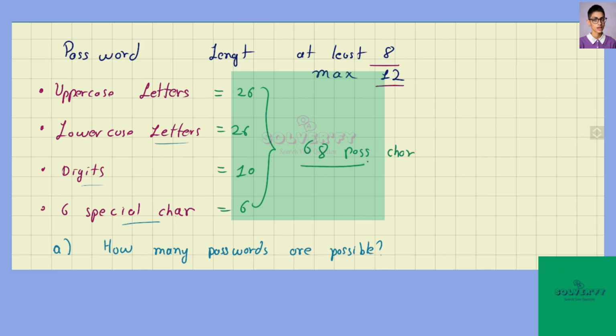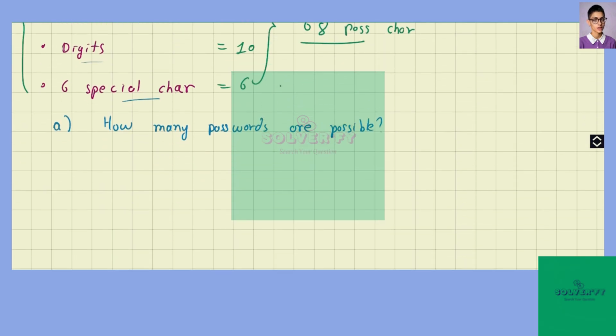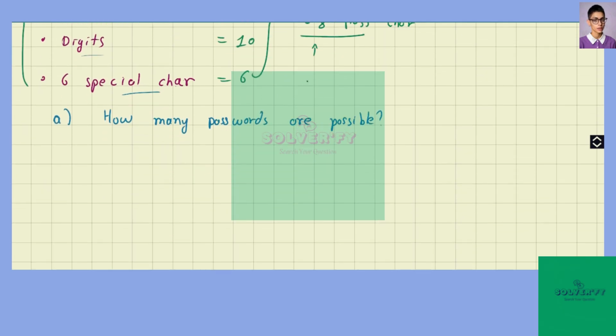Each position in the password is going to have 68 possibilities to have one of these characters that I am specifying here. So take into account that 68 possible characters, right? Each element on this password is going to have 68 characters.